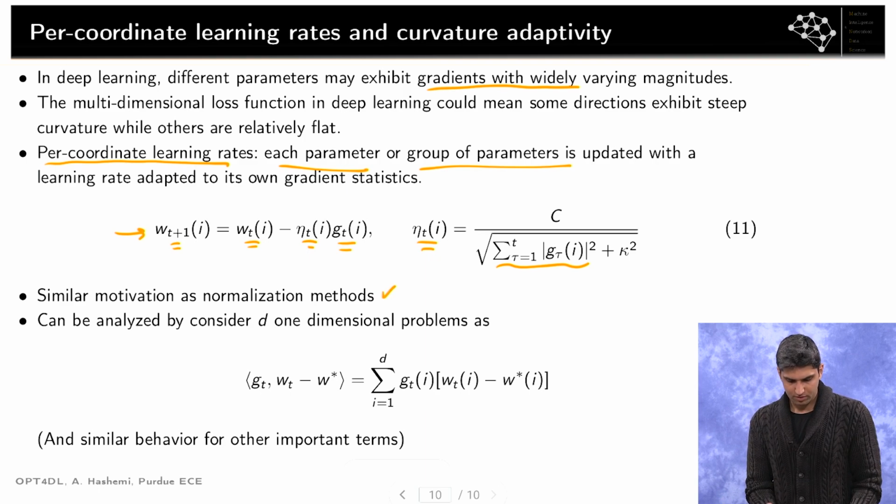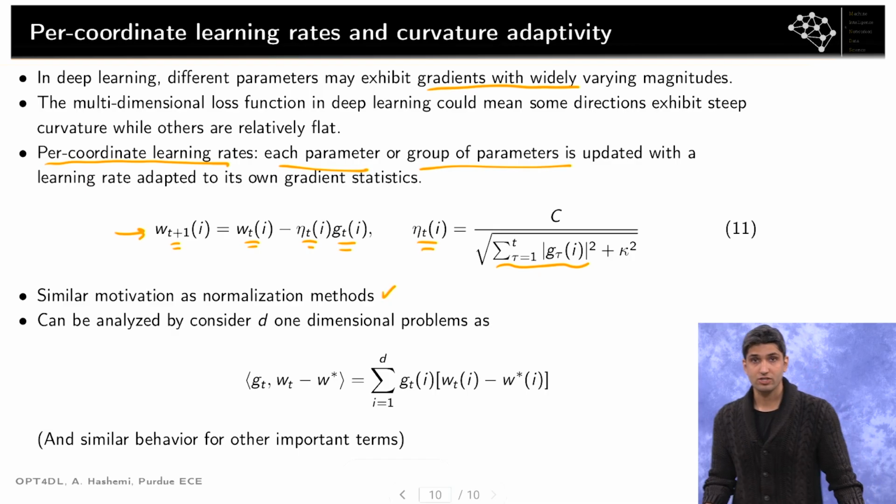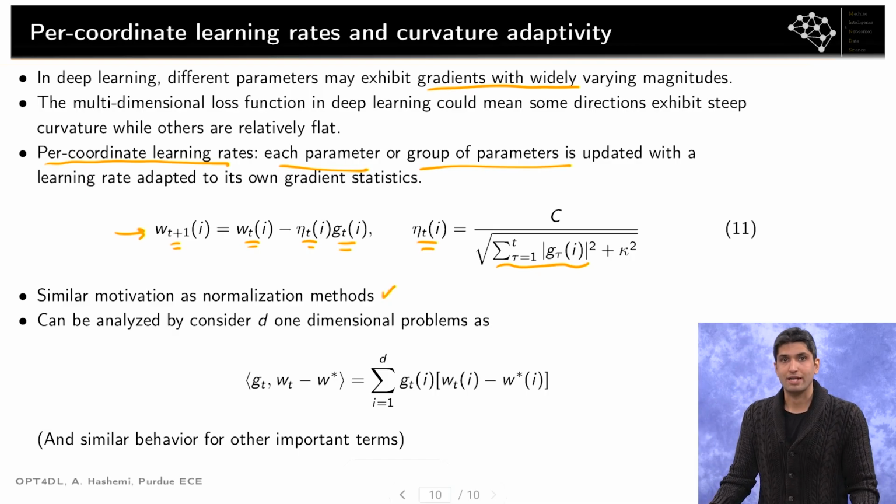Again, the motivation is similar to normalization methods. So we are normalizing the directions separately to make sure that we are not suffering from divergence issues. So there is a nice intimate connection between per-coordinate adaptive step sizes and normalization techniques such as batch normalization and layer normalization.